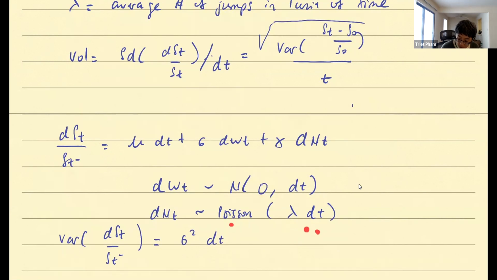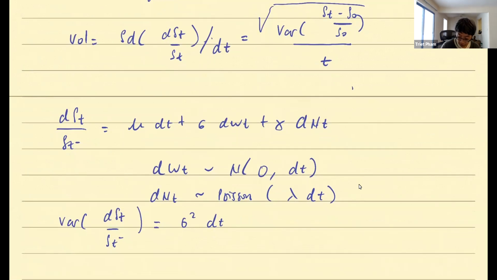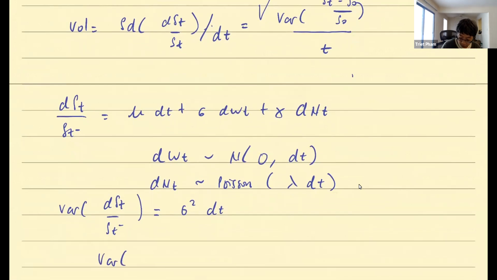And then the Poisson. What is the variance of a Poisson with parameter lambda? It is lambda. Okay, so that's why it's gamma square, where we pick up the gamma from here, times lambda dt.